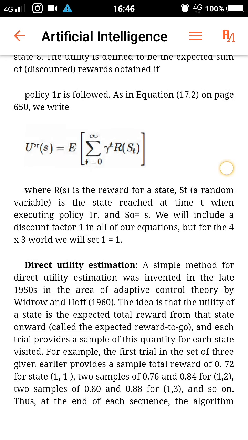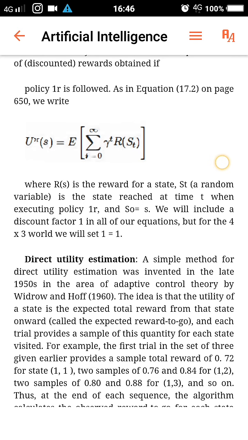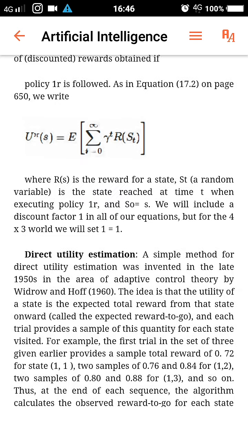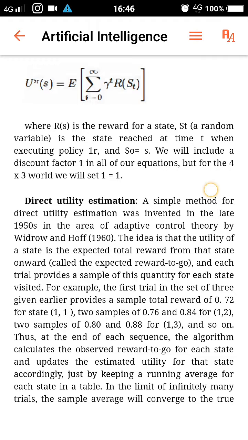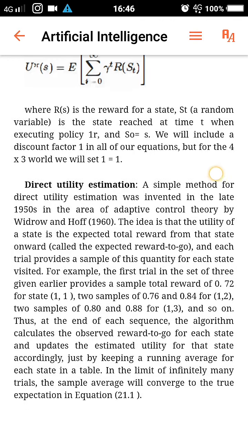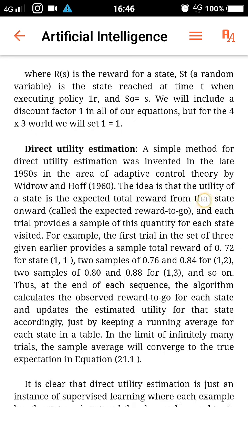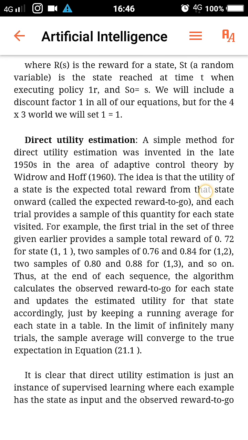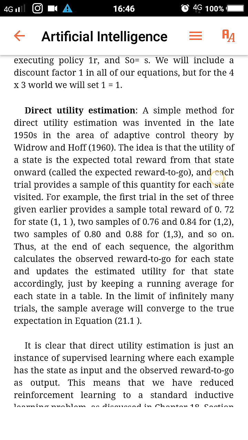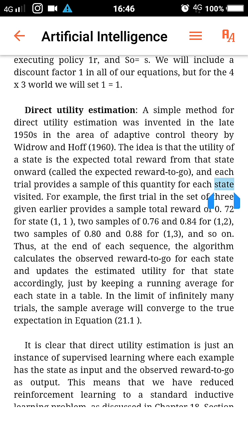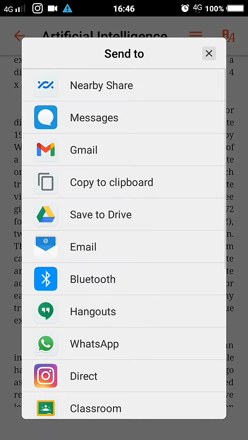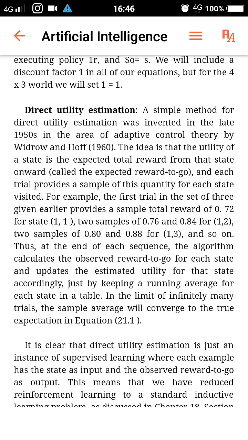As in the equation on page 650, we write it as shown, where R(s) is the reward for a state and S_t, a random variable, is the state reached at time t when executing policy π. We will include a discount factor γ in all of our equations, but for the 4x3 world, we will set γ equal to 1.